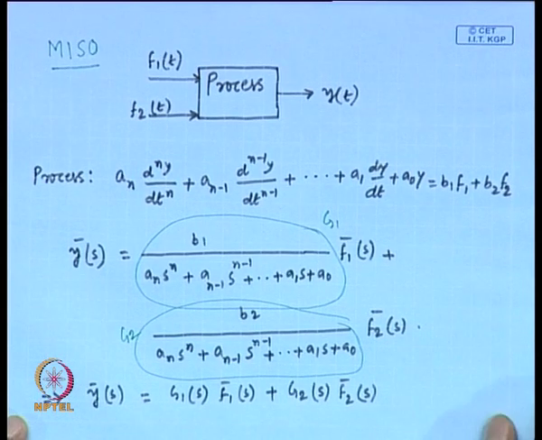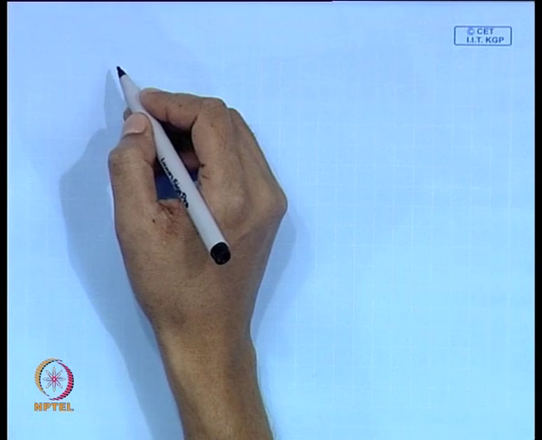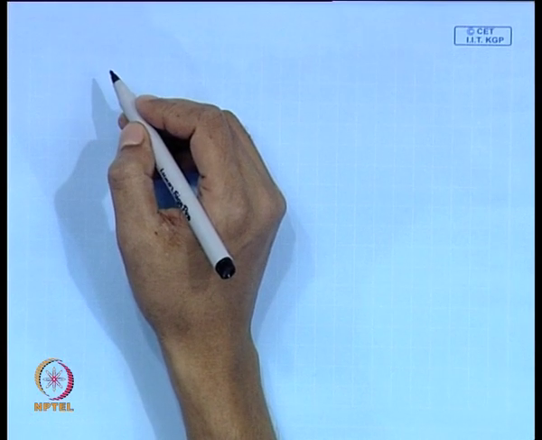In the next step we need to develop the block diagram. What will be the block diagram of this system? We basically have two transfer functions, one is Z_1, another one is Z_2. Two inputs in Laplace domain, one is F_1(s), another one is F_2(s), and a single output, that is Y(s).